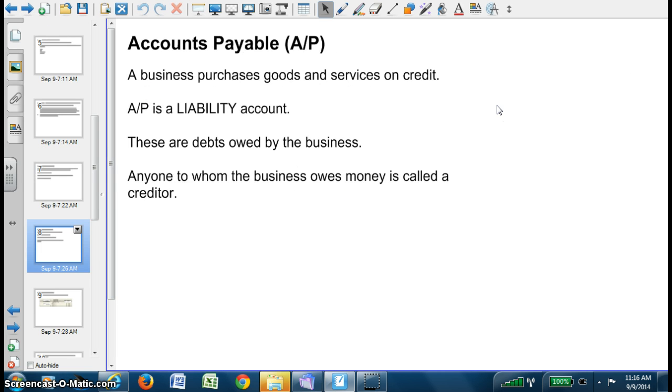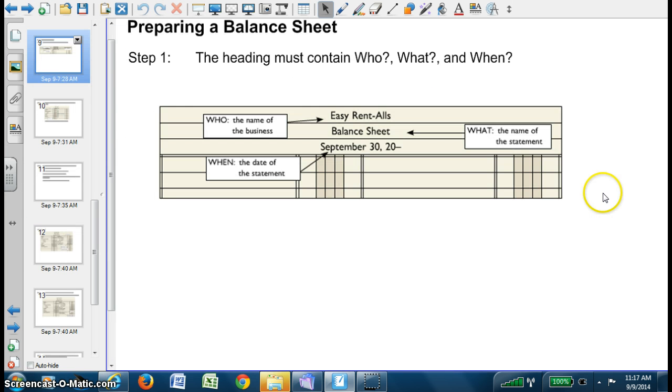The other account that's being introduced in this section is accounts payable, capital A/capital P. Sometimes a business will make purchases for goods and services on credit as well. Accounts payable is a liability account. These are debts that are owed by the business, and anyone to whom the business owes money is called a creditor.